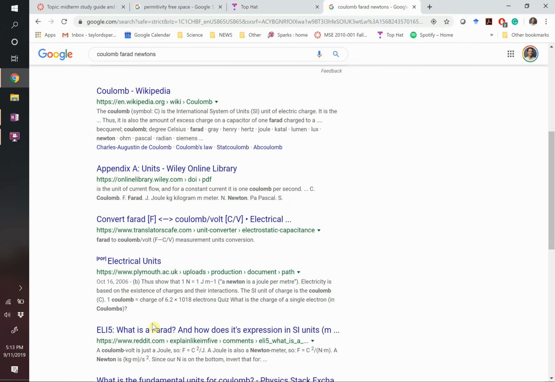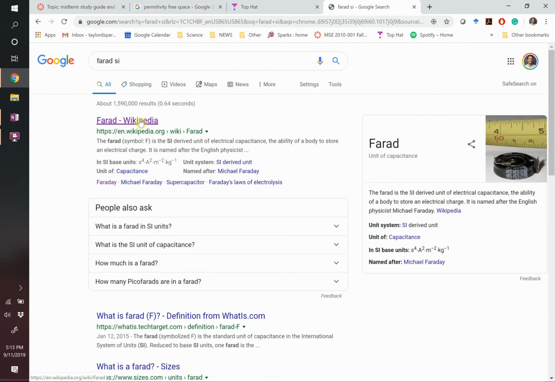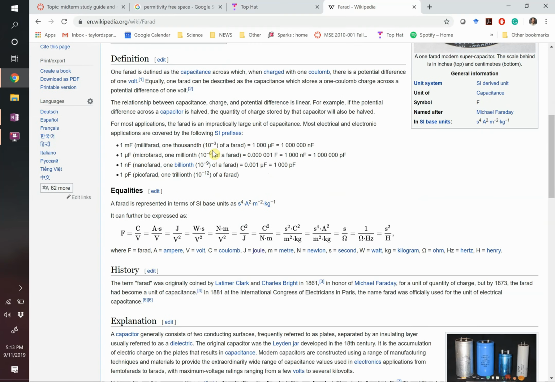If you Google Farad SI, I think it gives you a nice table. Farad SI, Wikipedia saves the day. Let's find it. This is why I would just get software to do it for you.